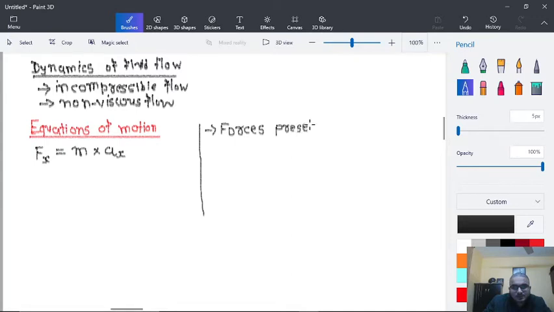Forces present in a fluid flow: first will be pressure force, let's denote it as Fp.